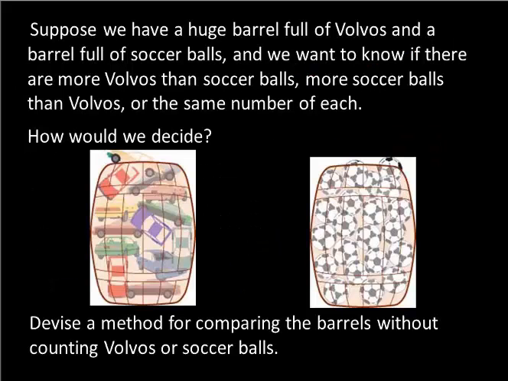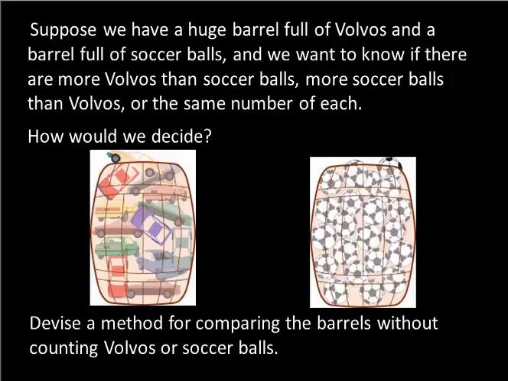This is an example from the text of trying to see clearly what we mean by comparing two sets by seeing if there is a one-to-one correspondence, not with counting, just that very simple thing that the baby did. Suppose we have a huge barrel full of Volvos. Obviously this is in the author's imagination.